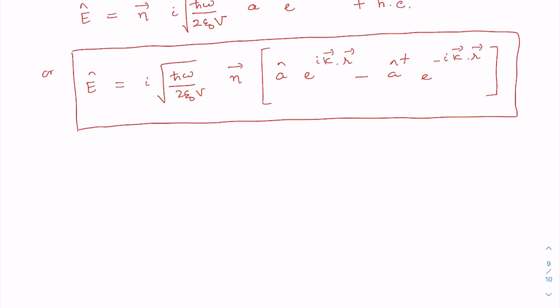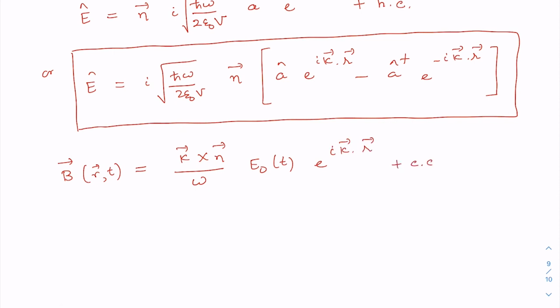And similarly the magnetic field can also be expressed. You recall that the classical magnetic field expression was like this for a single mode that we are considering here. That was k cross eta by omega E0t e to the power I k dot r plus complex conjugate.